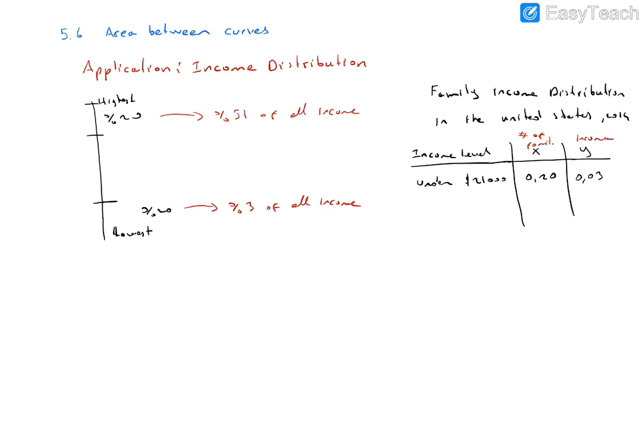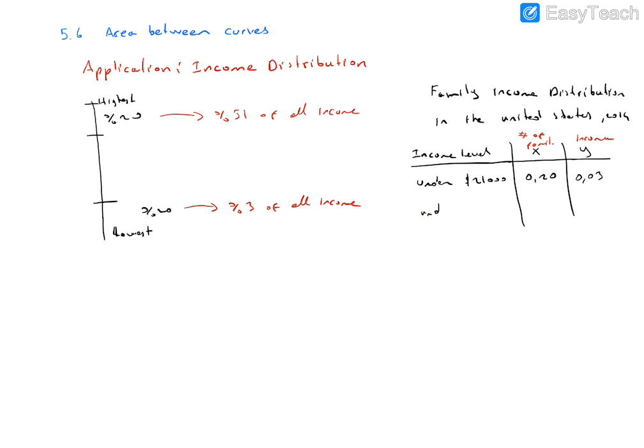So the x variable represents the percentage of families. The y variable represents the percentage of all family incomes. Okay, so let's continue to complete our graph.